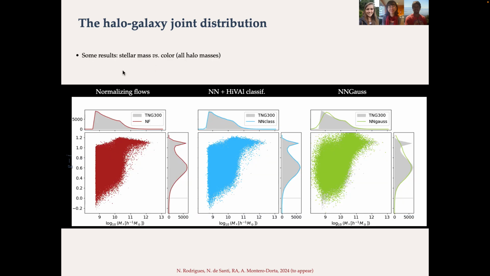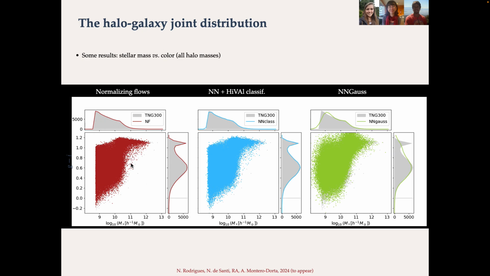Okay, so some results here. Typically, the color stellar mass space is one which is kind of hard to reproduce here. And this is what we are able to do with the normalizing flows. So each plot here is one machine learning technique compared with the actual data. The data here is in gray, and the machine learning technique is some color.